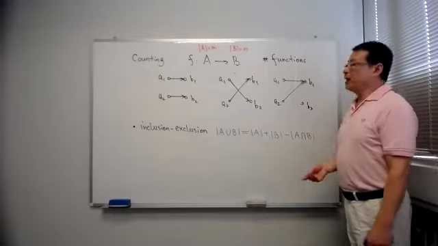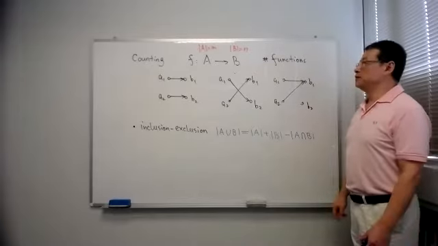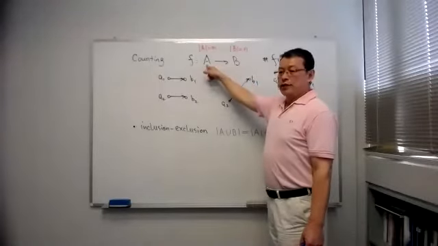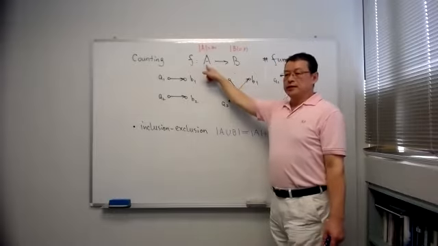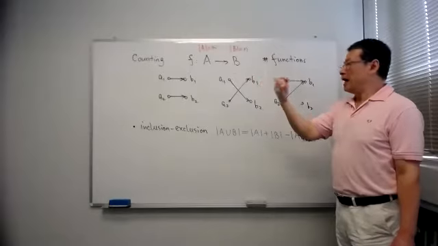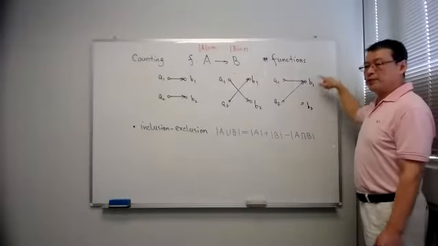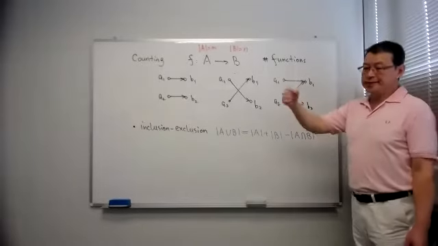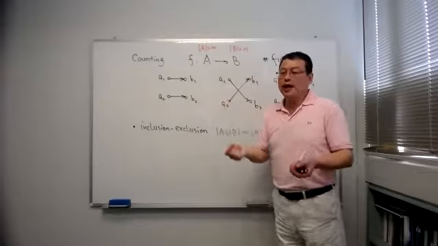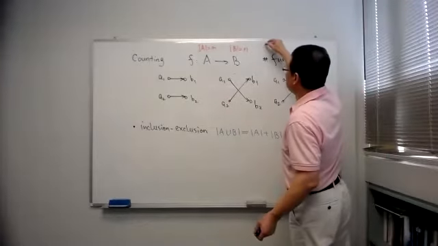Again, we can easily obtain this number by using the product rule, because for each element inside A, we ask how many possibilities there are for its assigned value in B. Each element of A can be assigned any element of B as its image. So each element has n possibilities to be its image.